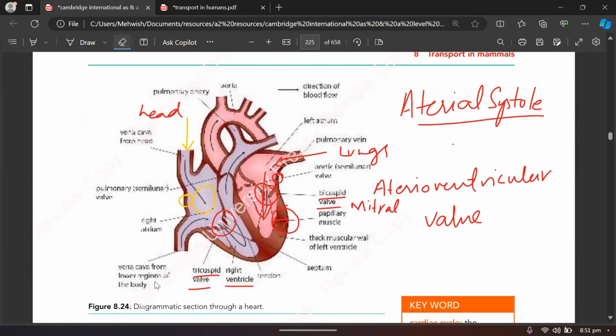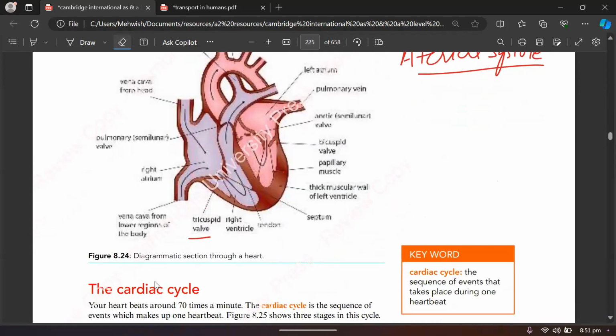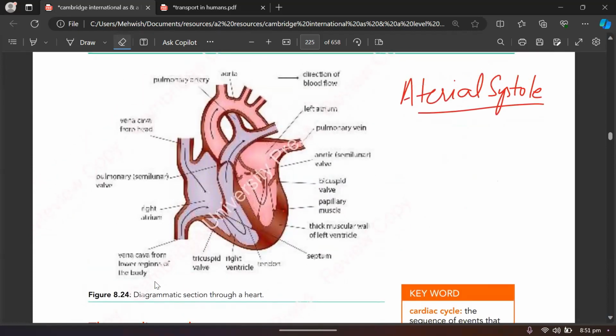So when the atrial systole takes place, the atria get contracted, or you can say their walls squeeze, and they push the blood. When the blood is pushed, some valves get open and some valves get closed, right?